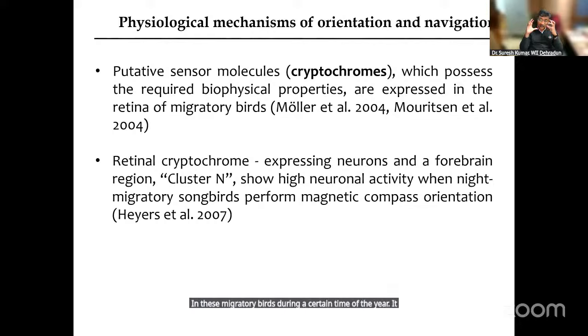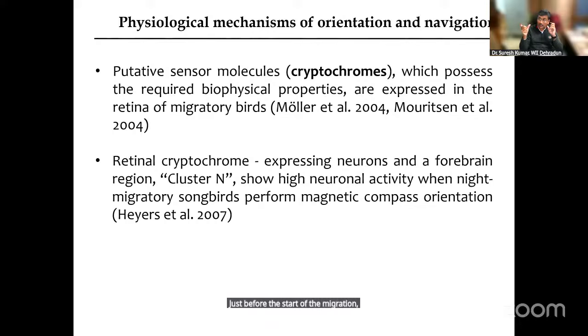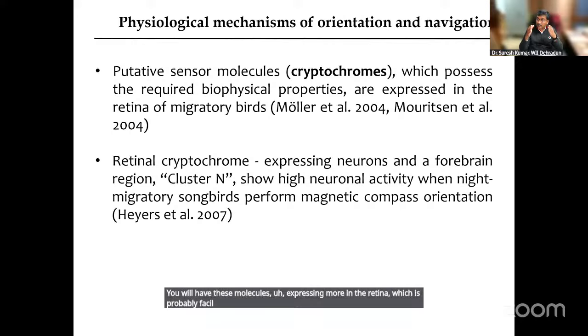It is not that they are always having it. Just before the start of the migration, and either it is on the downward or on the northbound, you will have these molecules expressing more in the retina, which is probably facilitating that vision-mediated magnetic sensing compass.